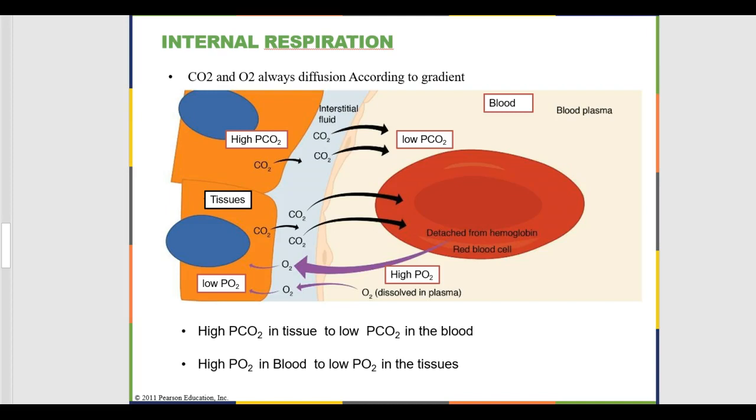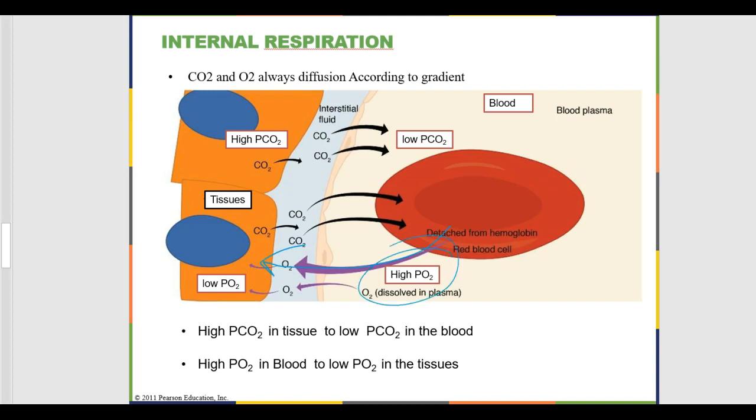Then when the bloodstream is exchanging gases with your tissues, everything is opposite. Now your tissues need the oxygen, so you're trying to get oxygen out of the bloodstream.